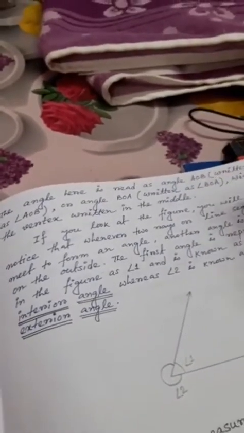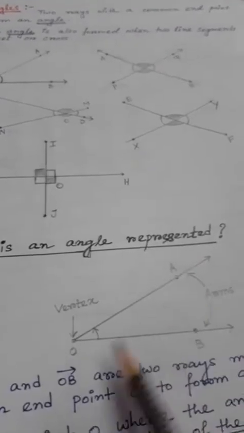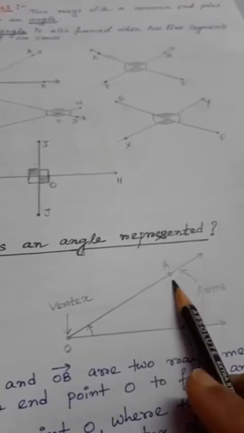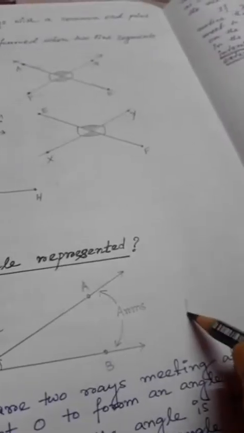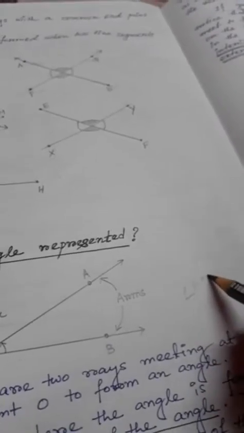How can you read it? AOB. You read the angle this way, angle AOB.